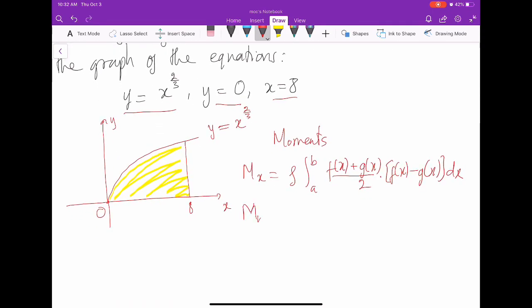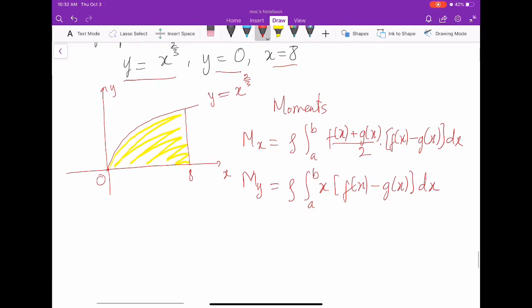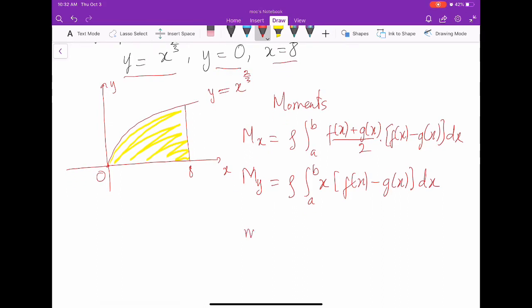Let me just write out all the formulas, and then we will go ahead and solve this. It is rho integral from a to b, then x times f of x minus g of x dx, okay? And once we have found moments mx and my, we need to find m. That is rho integral from a to b of f of x minus g of x dx.